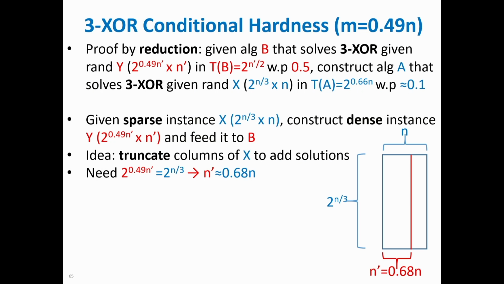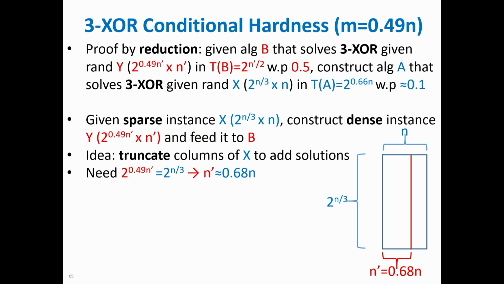Here's a picture. Think of the blue matrix. That's a sparse instance. It has 2 to the n over 3 rows and n columns. And now we're going to truncate, we're going to throw away columns. So now let's look at this thinner matrix with fewer columns.